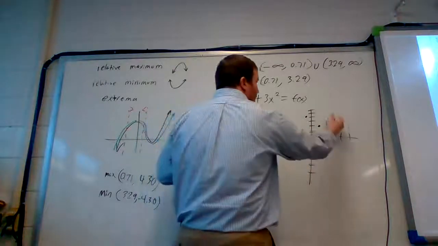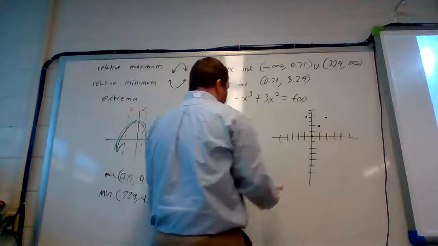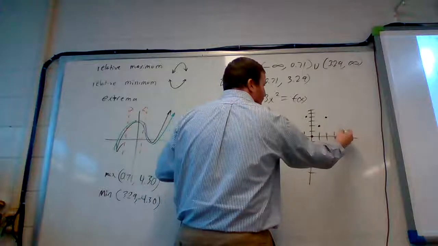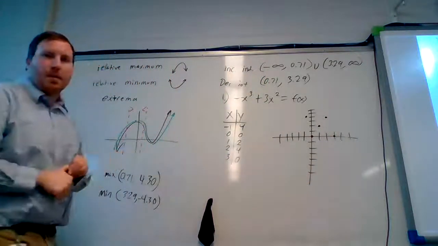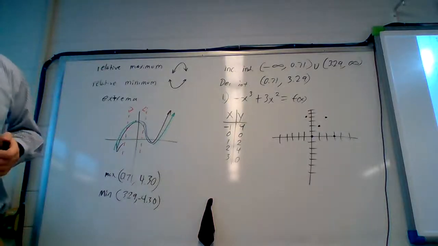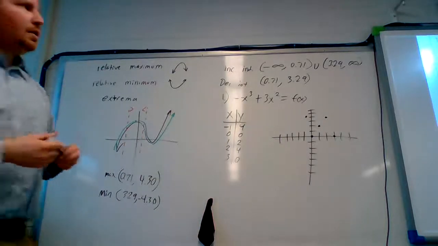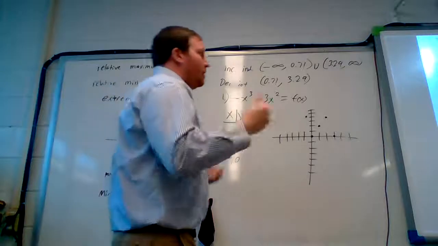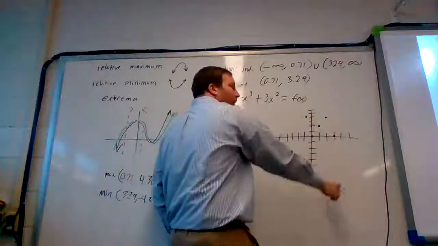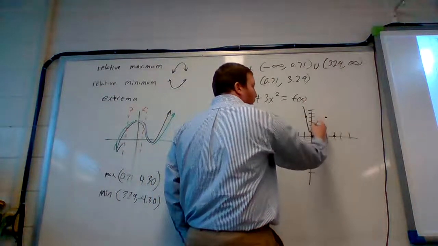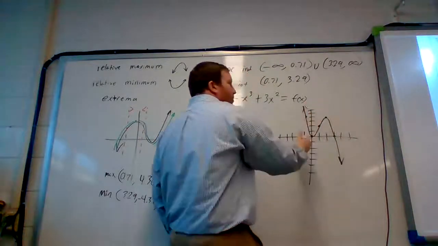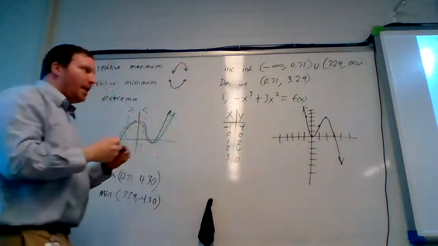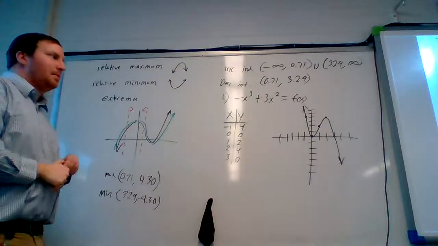At 2, I'm at 4. And at 3, I'm back at 0. Once we have our points plotted, we can go ahead and connect those. That way we have a good, accurate graph on our paper.